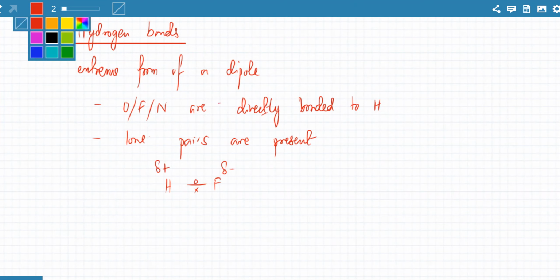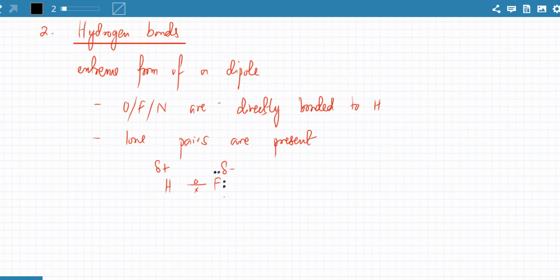Yes, sir. It's clear. Another reason why F is going to have a very strong negative charge is because it's got these six electrons, these lone pairs. So there's a lot of negative charge over here as well. It's the same concept except that the dipole is very strong. That's known as a hydrogen bond.